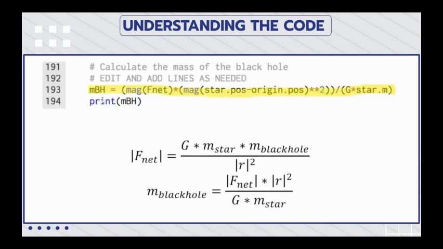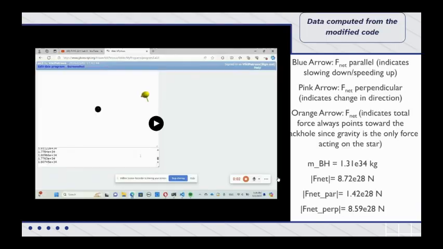This is how we then estimate the mass of the black hole. The formula for the gravitational force is pretty clear, and we use the formula, but put it in this form, so it calculates the mass of the black hole.